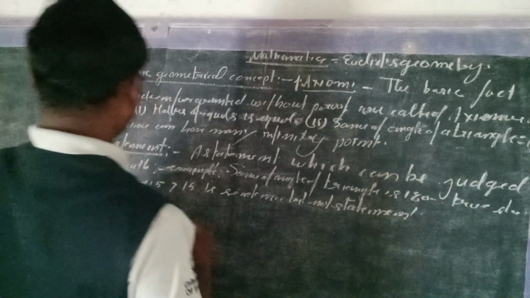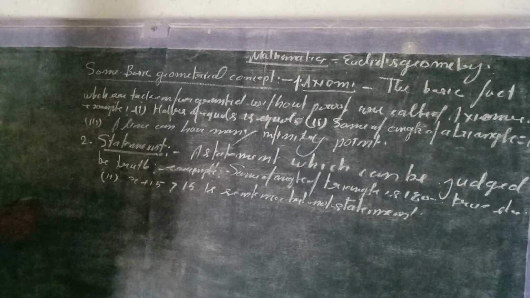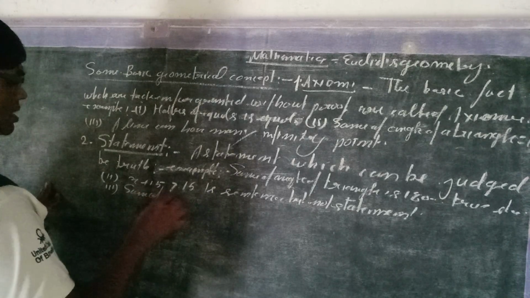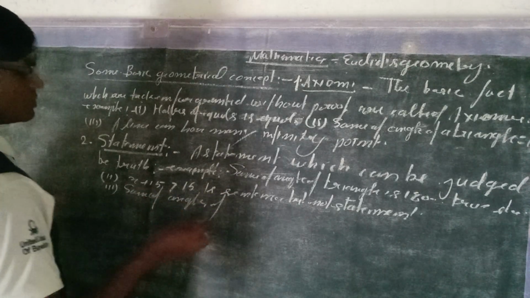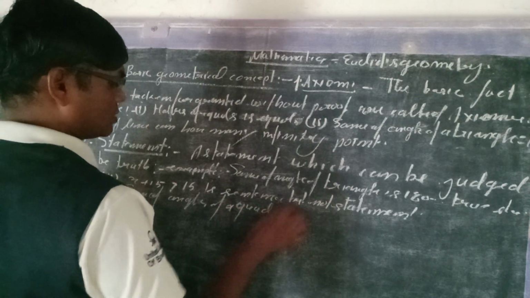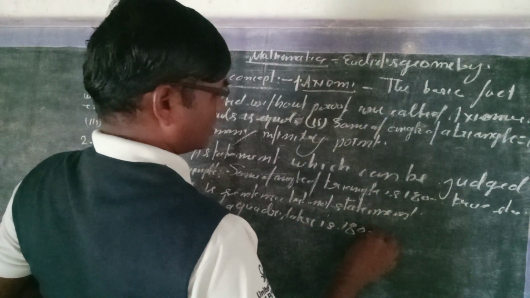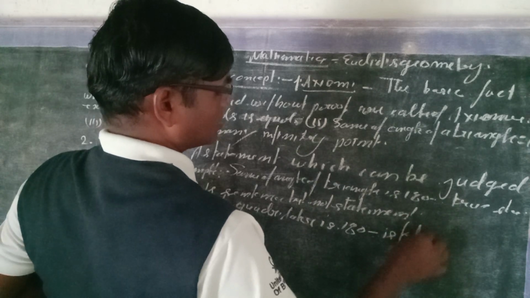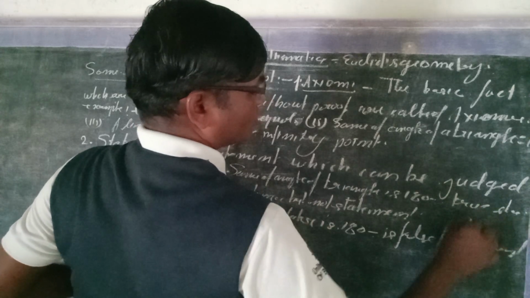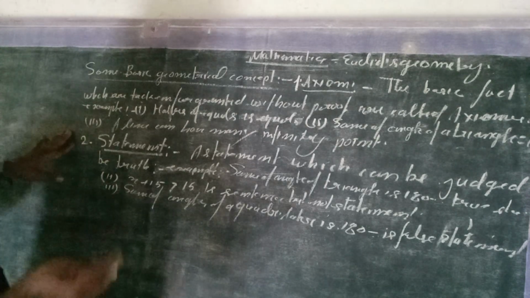Third, the sum of angles of a quadrilateral is 180 degrees is a false statement. It's a statement but not true. So here are the statements.